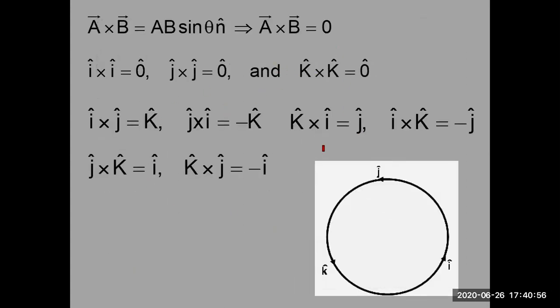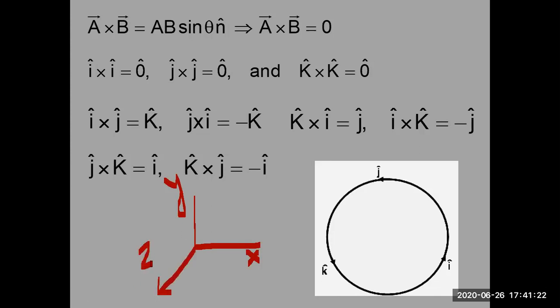So here it is, the next one. If you are taking the cross product, this is a circular pattern, and this is the best technique to remember it. This is X, this one is Y, and this one is Z, perpendicular to these two.